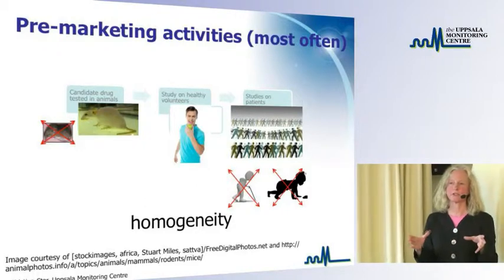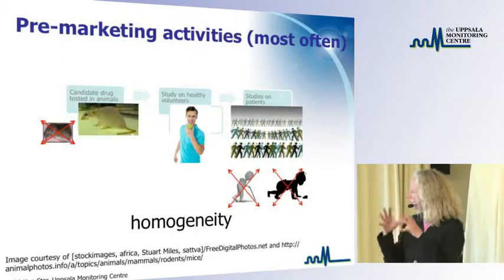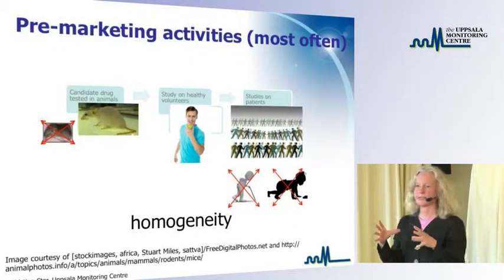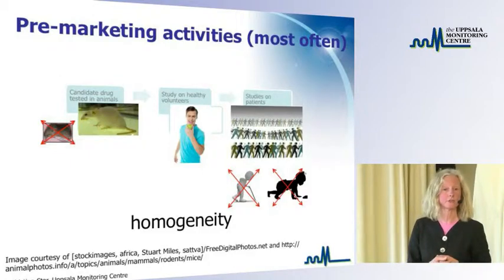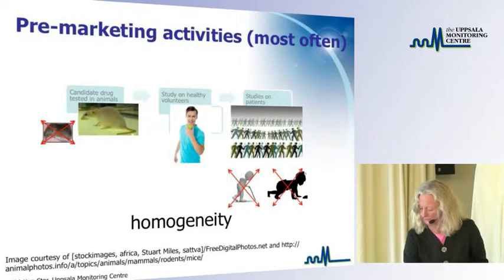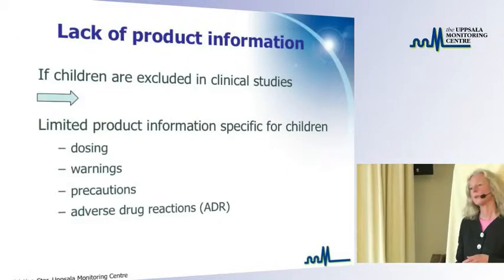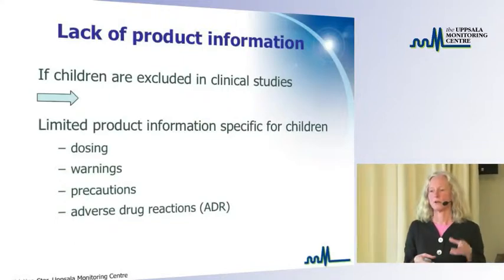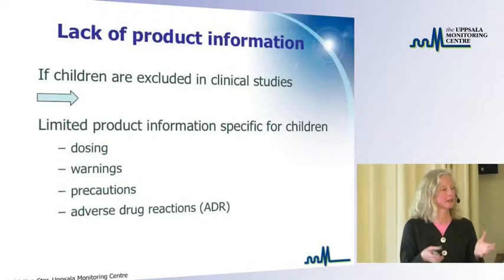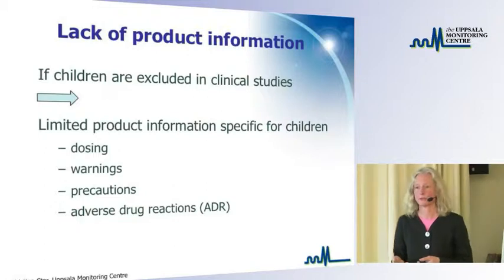It's restricted in time, and restricted in the level of disease severity, for example. And if children, for example, are excluded, then we have limited information on dosing, warnings, precautions, and adverse drug reactions specifically for that population in the product information.